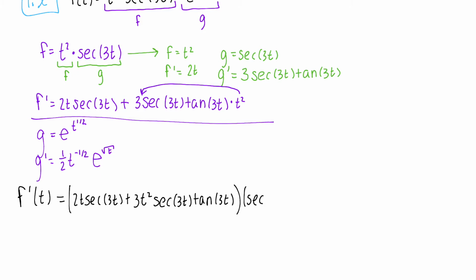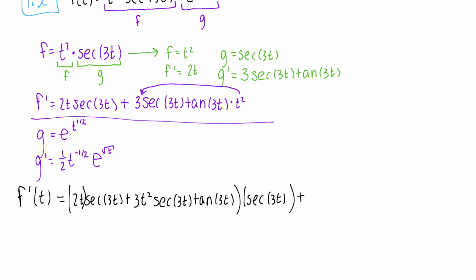G is secant 3t plus g prime. Whoa, hold on. Whoa, okay, hold on. Wait. What did I do here? I confused myself. Oh, I see how I confused myself. All right. Let me unconfuse myself.